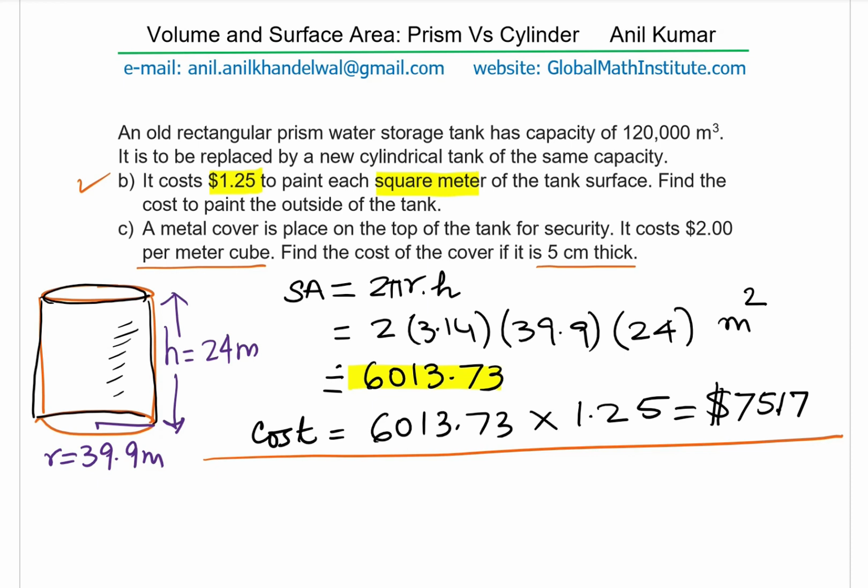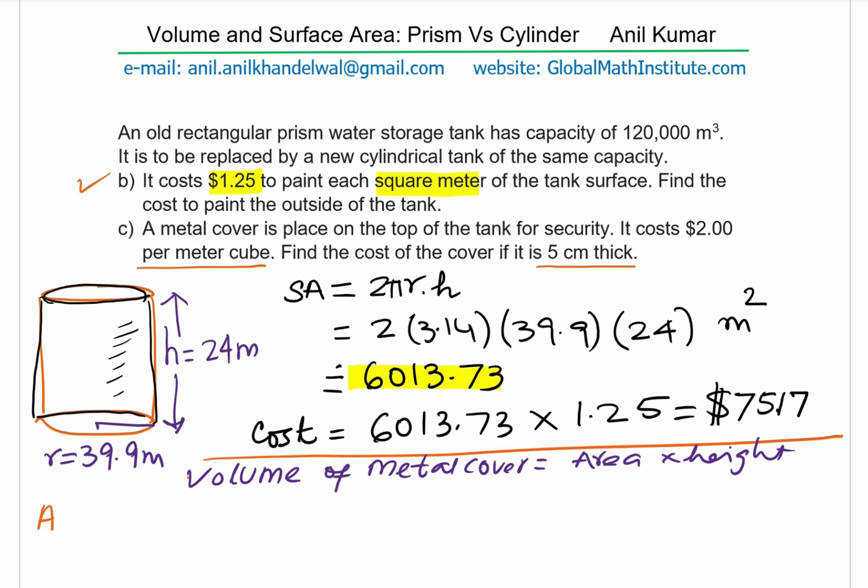So let's find the volume of our cover. So we have to find volume of metal cover. So volume is area times height. Now in our case, what is the area and what is the height?